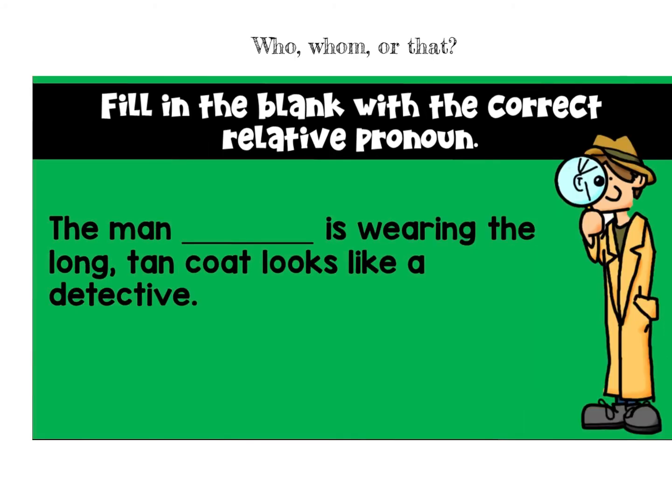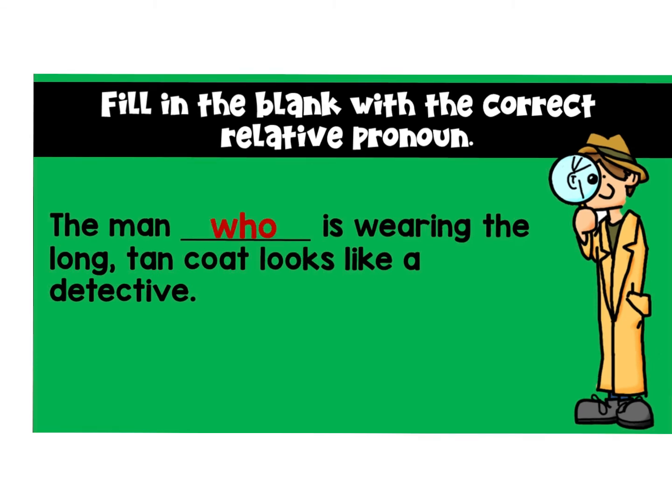Fill in the blank with the correct relative pronoun. Who, whom, or that. The man who, whom, or that is wearing the long tan coat looks like a detective. So the noun we're working with is man. So are we going to use who, whom, or that? Well, man is a person, so you should have had it narrowed down to who or whom.